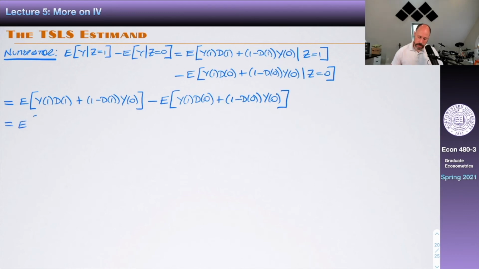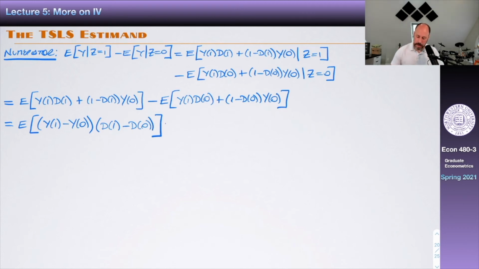And then if you group the terms together, just adding and subtracting, you get that this is equal to this.